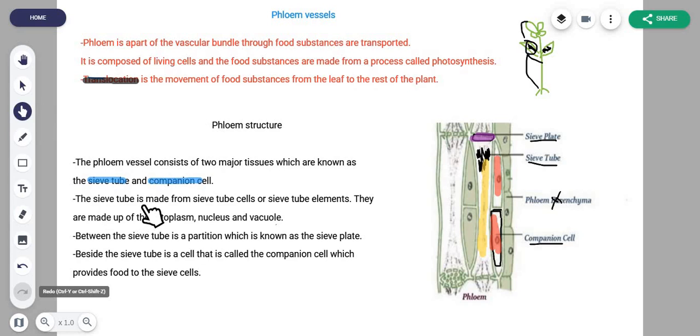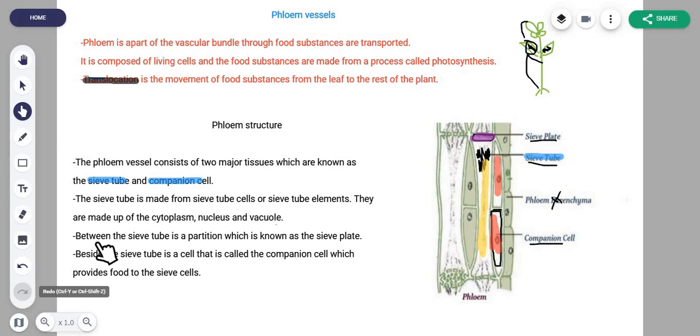The sieve tube here, just follow the diagram as I explained, is made from sieve tube cells or the sieve tube elements, right? The sieve tube is made up of sieve tube cells or sieve tube elements, and they are made up of the cytoplasm, nucleus, and vacuole, because it is a plant cell, so that's why it needs to have a vacuole.